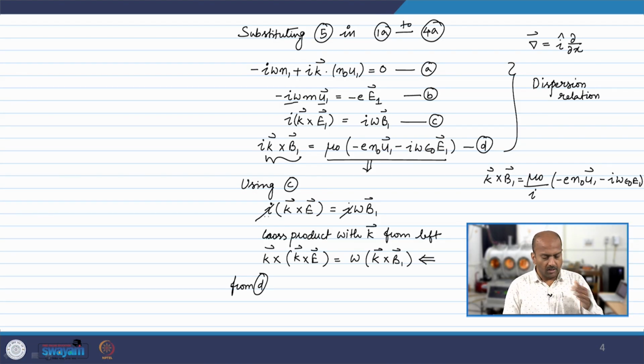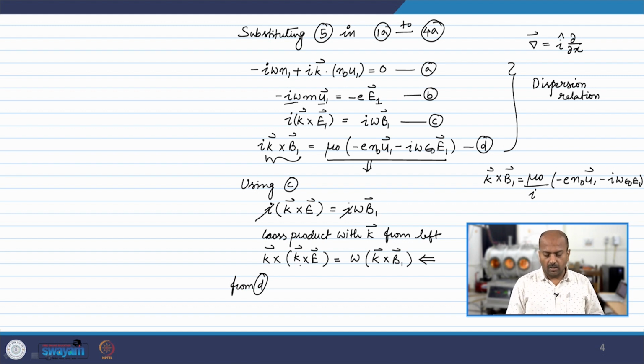So, we are starting from equation C. I times k cross E is I omega B1. I gets cancelled. K cross E is equal to omega B1, right. Now, k cross E is the angular frequency omega times B1. We take a cross product with k from the left.